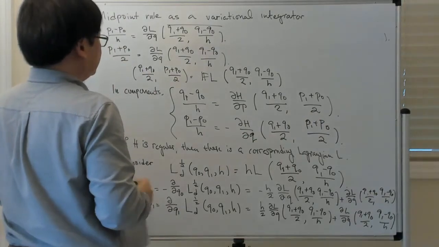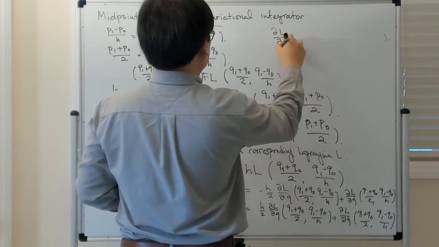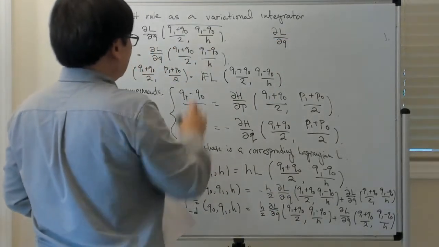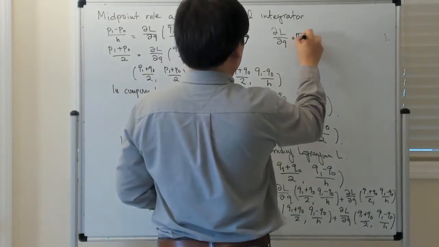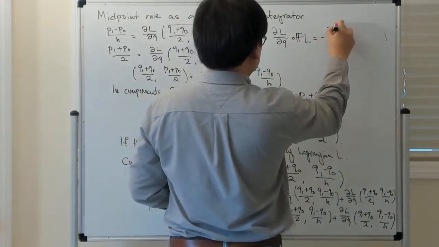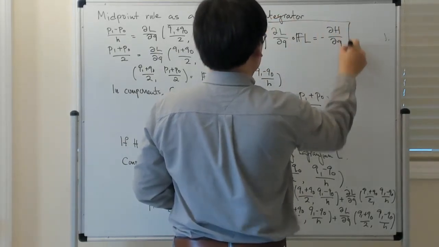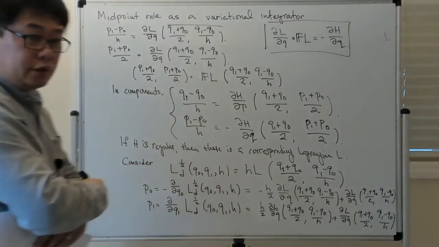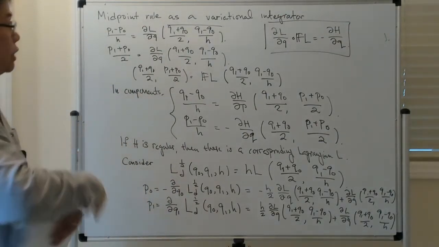Because you can check that dL/dq, which depends on things in TQ, composed with FL is equal to minus dH/dq. Okay, so this is one observation which comes from the relationship between continuous Lagrangian and Hamiltonian mechanics.